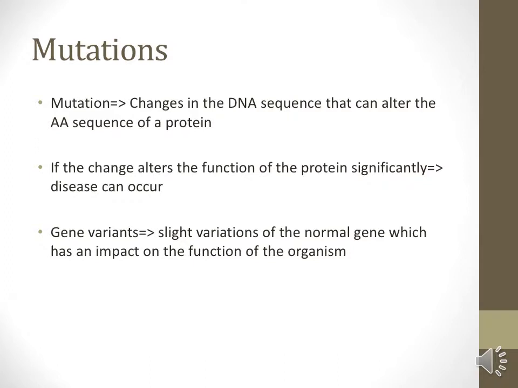If the change alters the function of the protein significantly, this could be an instance where disease risk could increase. And so we refer to gene variants as a gene that has a slight variation in its code from the normal gene, which is going to have an impact on the function of the organism.